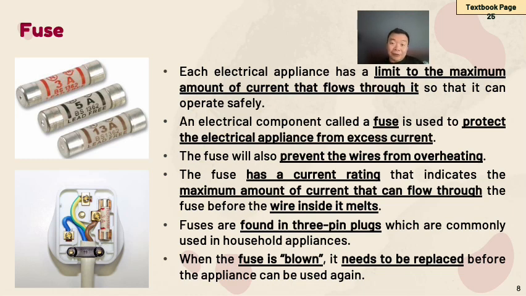So I've mentioned the fuse just now. As you can read here, for every appliance, the engineers will calculate what is the maximum current that it should draw when it's functioning normally. And we just find a fuse that has a rating that is slightly above this normal current value, so that whenever the current exceeds the normal current value, the fuse will burn and stop the current from flowing.